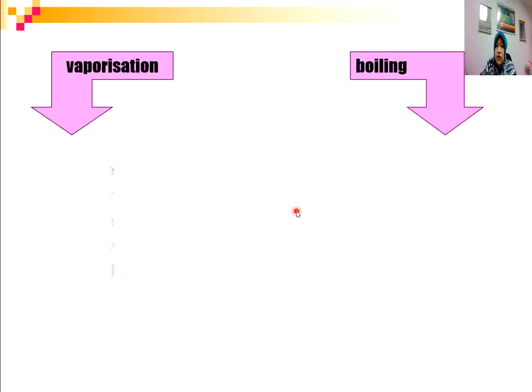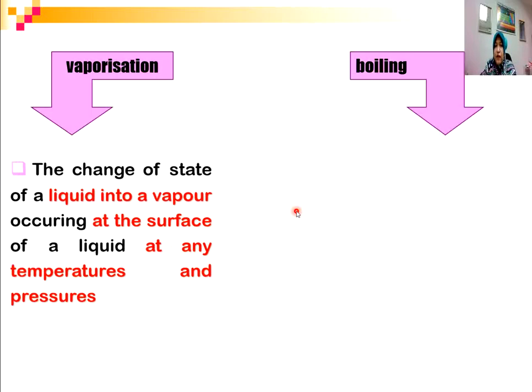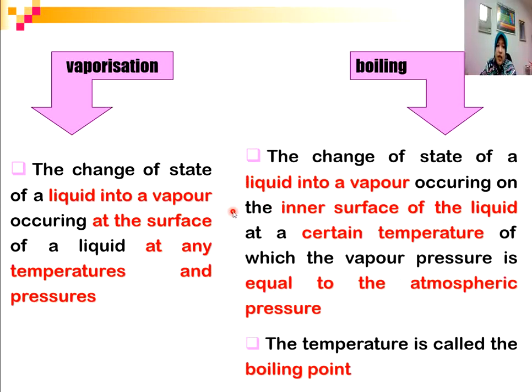So what is the difference between vaporization and boiling? We have discussed just now that vaporization is the process of changing the state of a liquid into vapor that occurs through the surface of the liquid, and it actually happens at any temperature and pressure. If we compare it with the boiling process, it is also the change of a state of liquid into vapor, that is the similarity of these two.